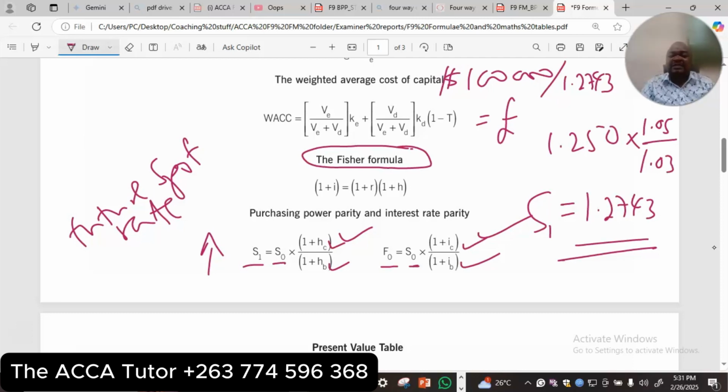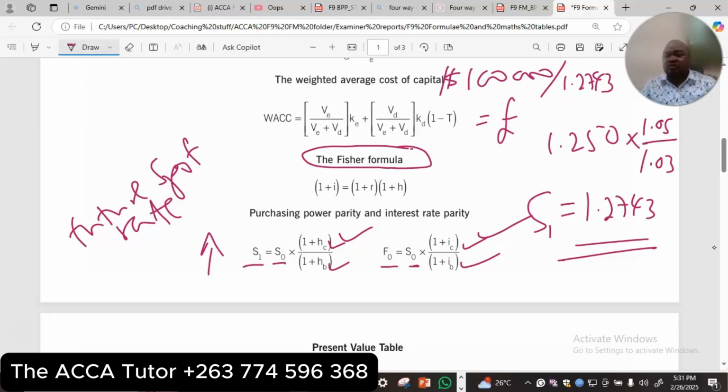So the movement in interest rates as well has got some contribution in the determination of the future forward rates. There is that relationship. This could be short term or long term. So that's the brief.